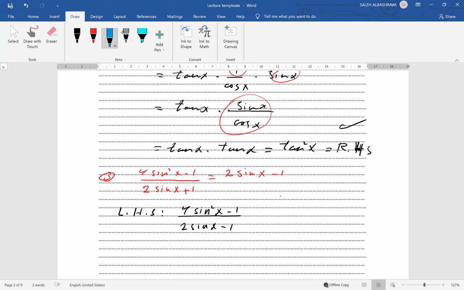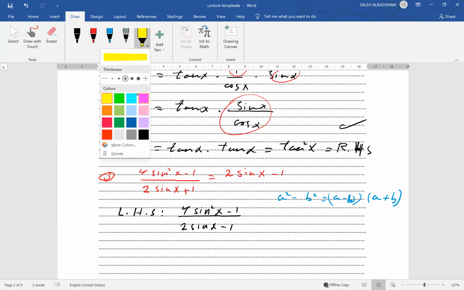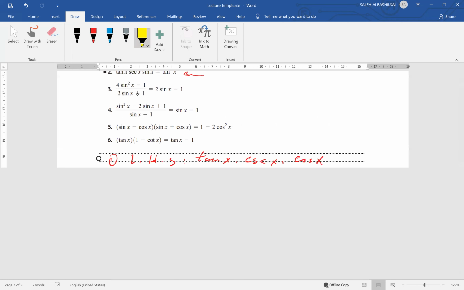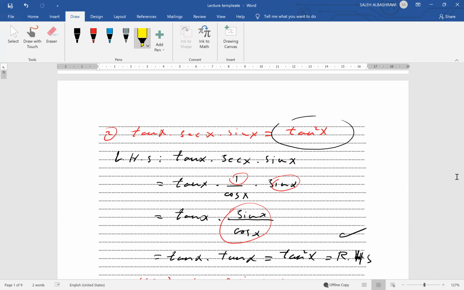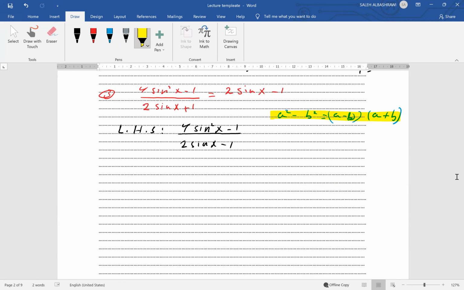If I have a square minus b square, it can be written as a minus b multiplied by a plus b. So I will use this identity.